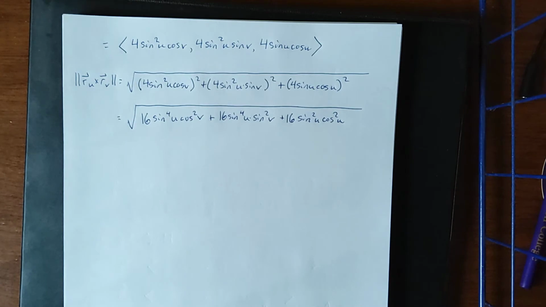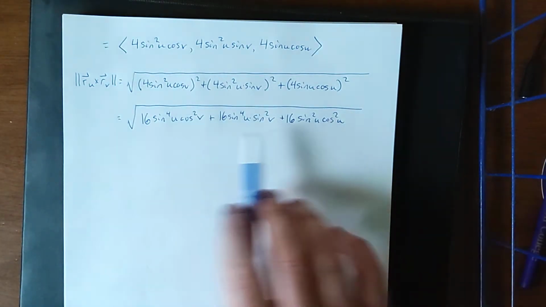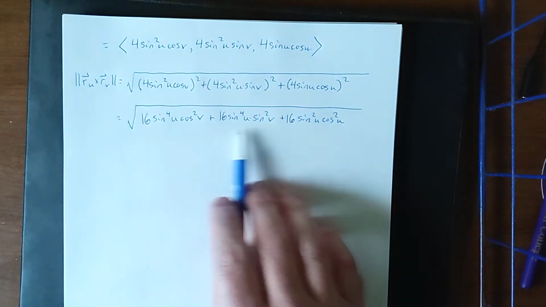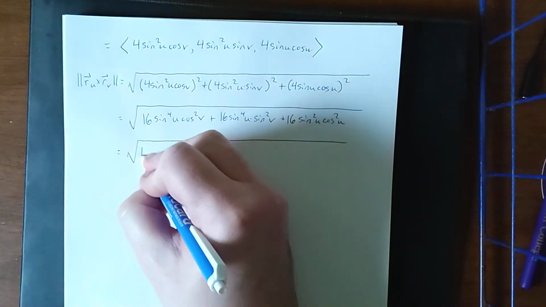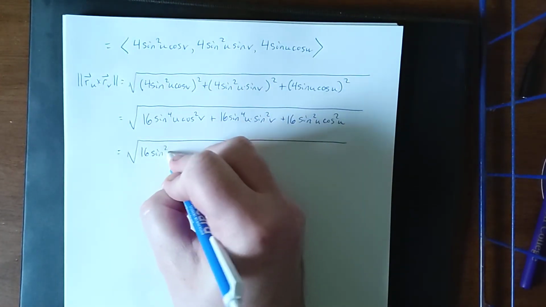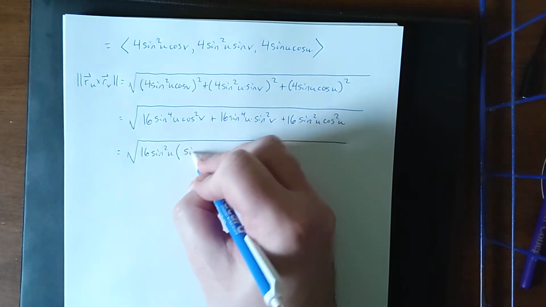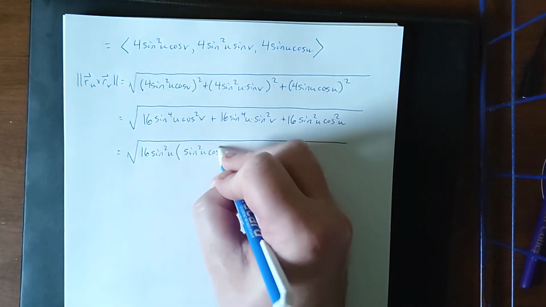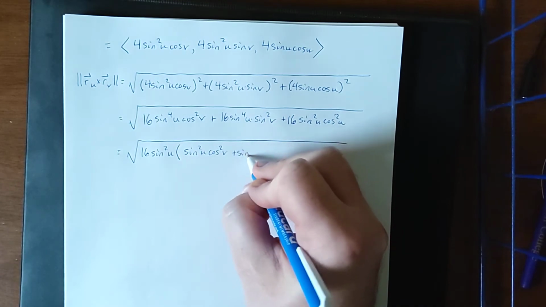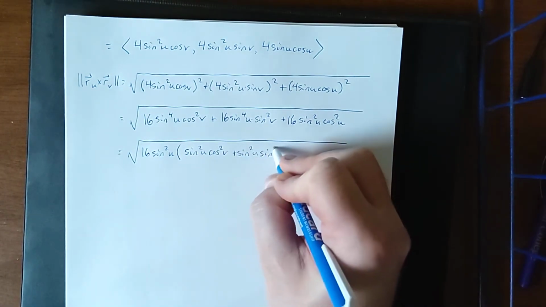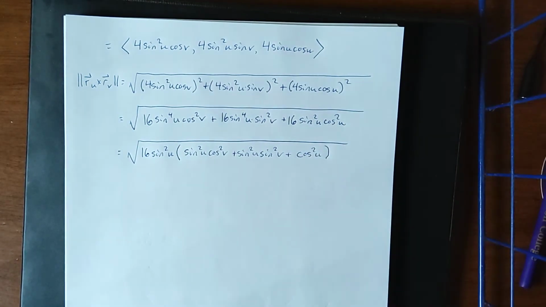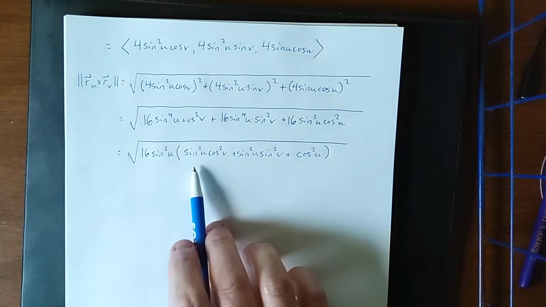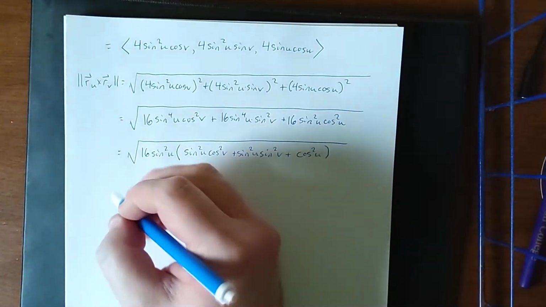Now the very first thing that I'm going to do is notice that all three of these terms will have a 16 and a sine squared of u in common. I'm going to factor that out. So 16 times the sine squared of u is going to leave us with sine squared of u cosine squared of v plus sine squared of u sine squared of v plus cosine squared u. Now I'm going to use a pair of Pythagorean identities to turn what's left inside here into 1.